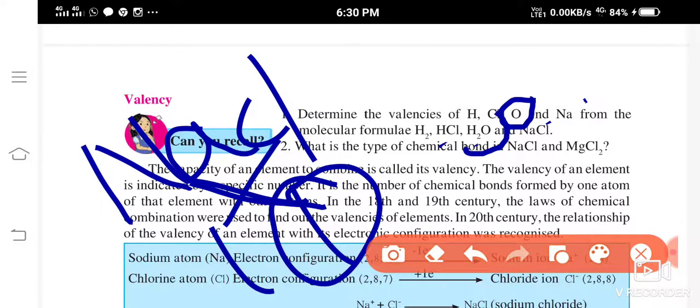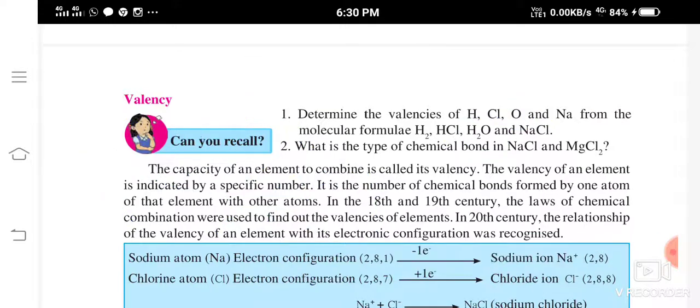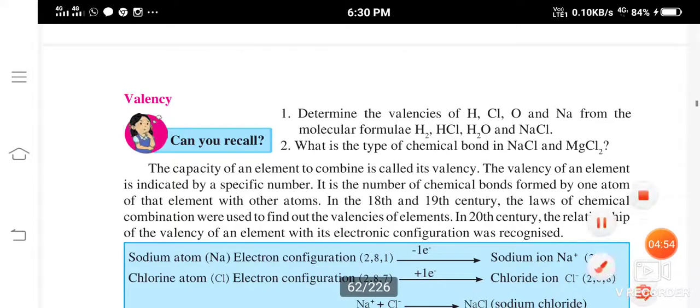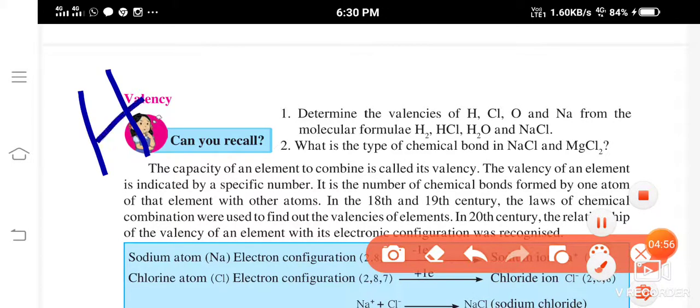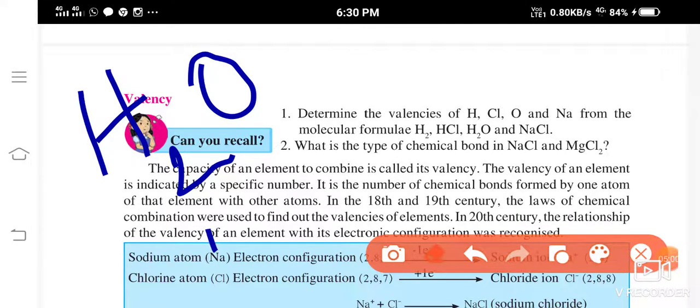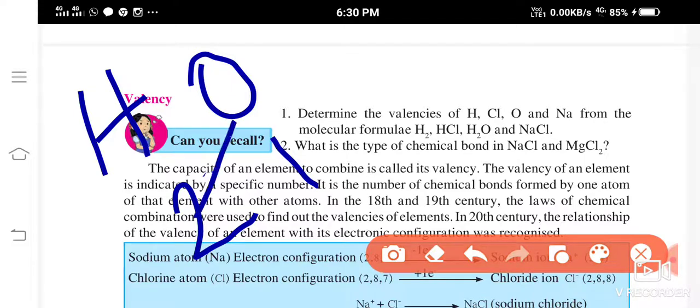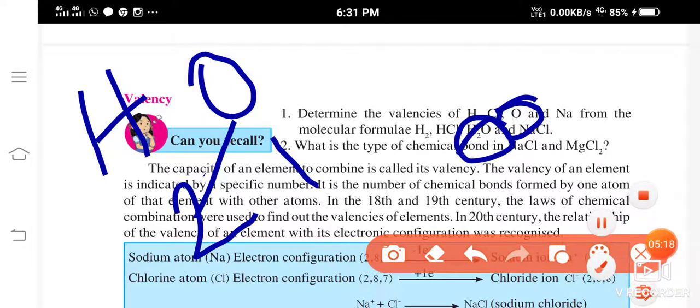You can find out over here, in H2O. So the valency of oxygen is how much? 2. So the valency of oxygen is 2. You have found it out over here.